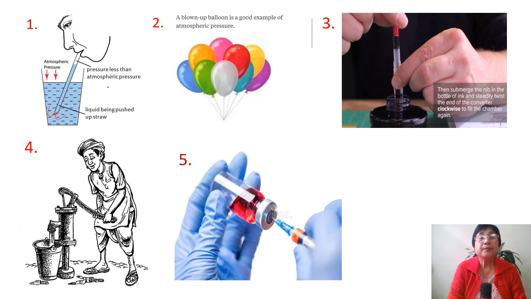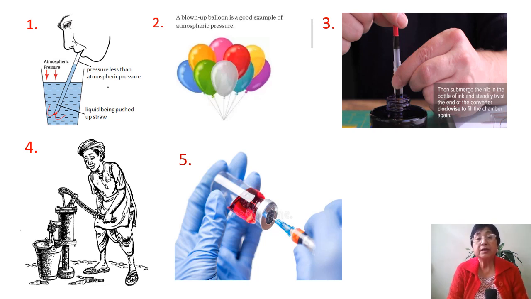All right? The next example that we see is in filling a fountain pen with ink. When you want to fill ink inside a fountain pen, you will find by simply dipping the nib inside the ink will never come inside the tube.